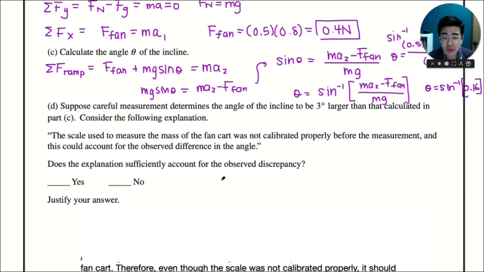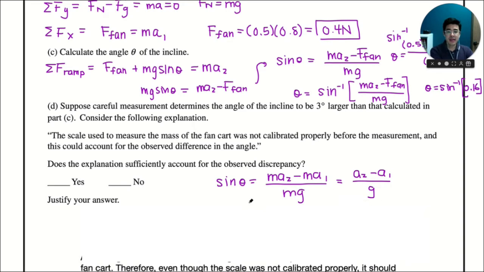So if we wanted to rewrite the equation, we could have said sine of theta is equal to ma2 minus, instead of force of the fan, we say ma1, over mg. And notice how every term has that mass in it, so we can factor out that mass. So what does the angle determine? The angle is dependent on the accelerations and the gravity.